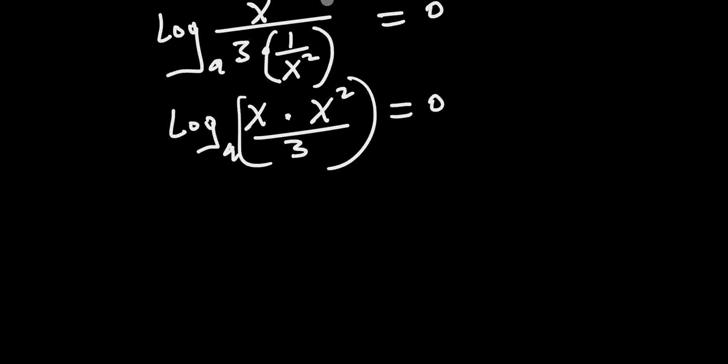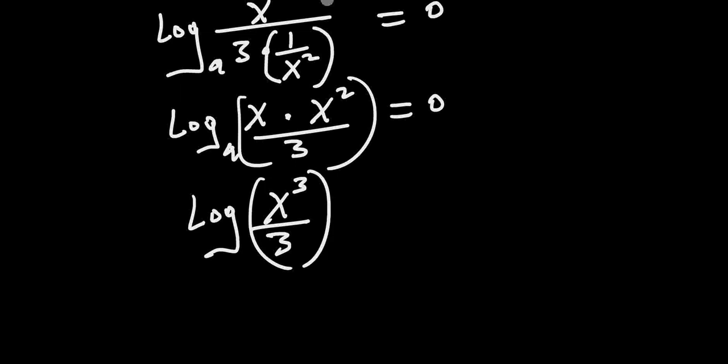So x times x squared is going to give us x cubed. So this is now log x cubed over 3 in parentheses to base a equal to 0.